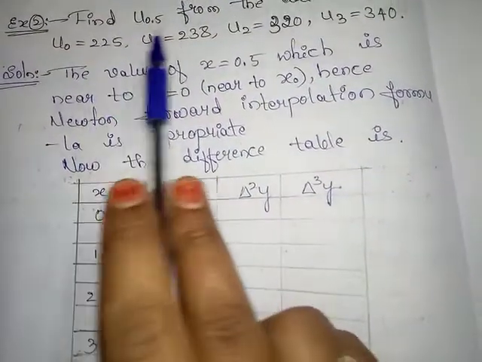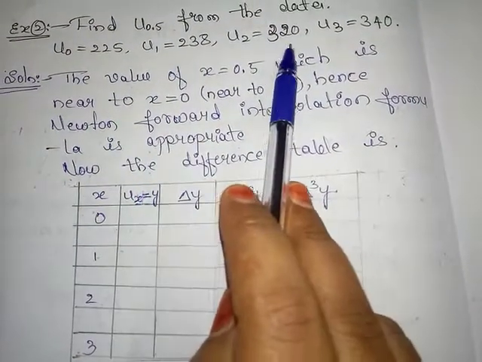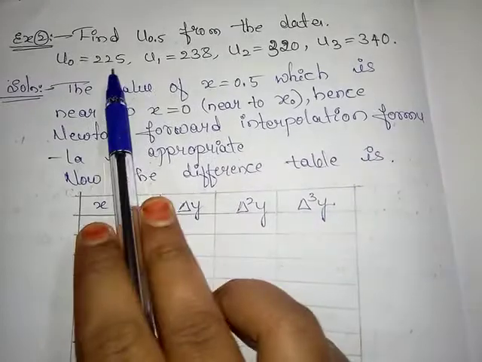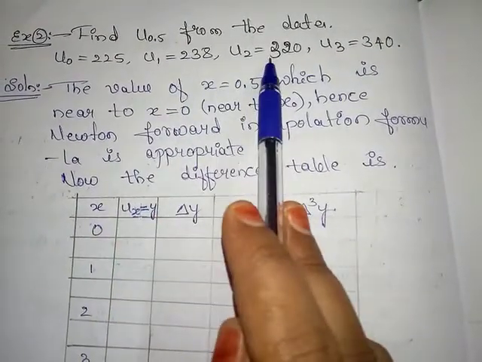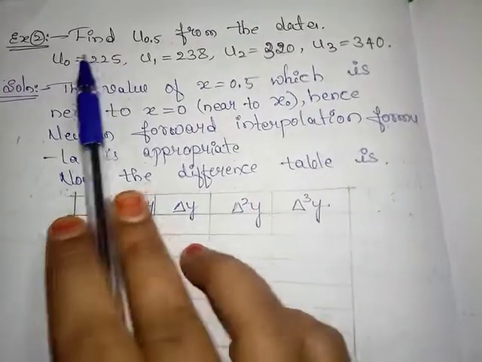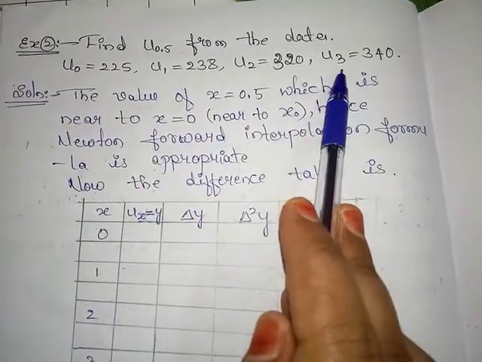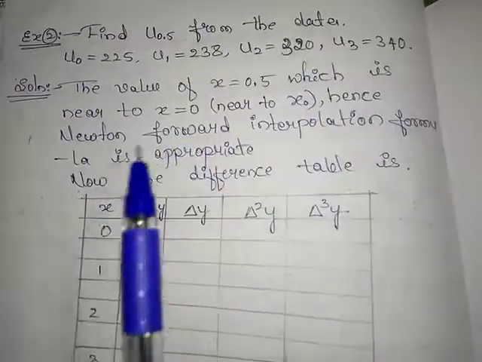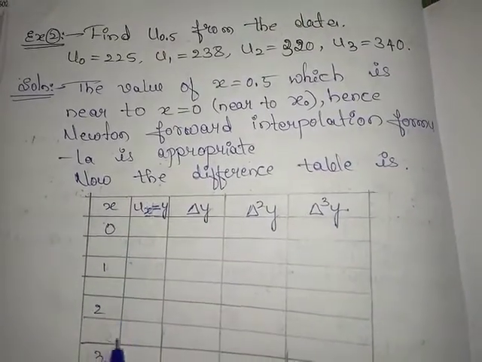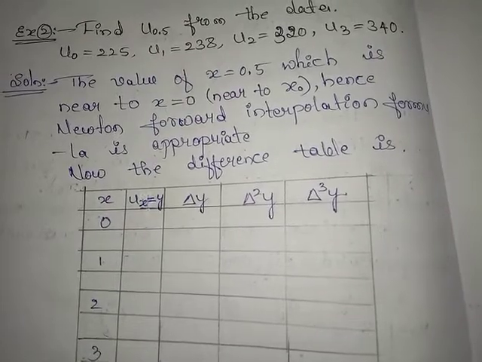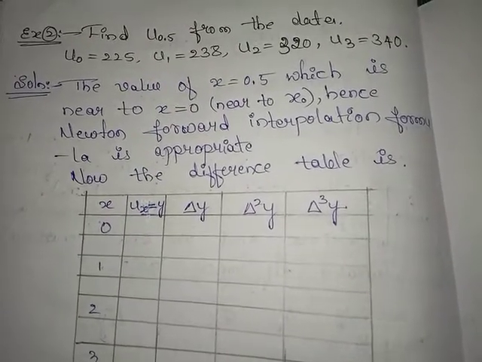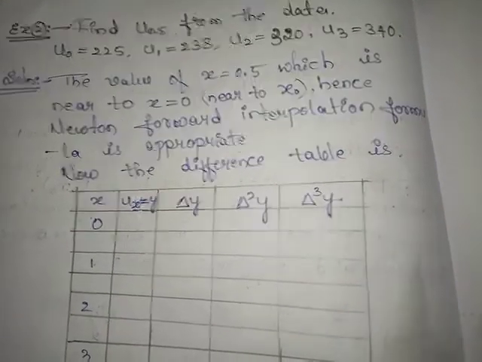See here, 225, 238, 320, 340: these are not the values of x. These values do not have a fixed difference, but 0, 1, 2, 3 are the values of x, and these have a fixed difference. This is just a small hint to identify the values of x and values of y.